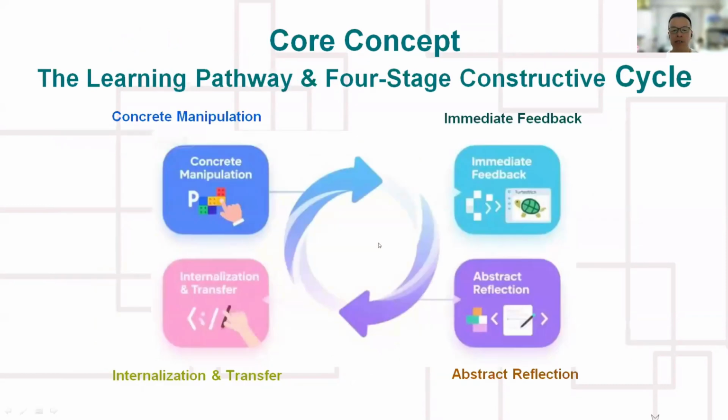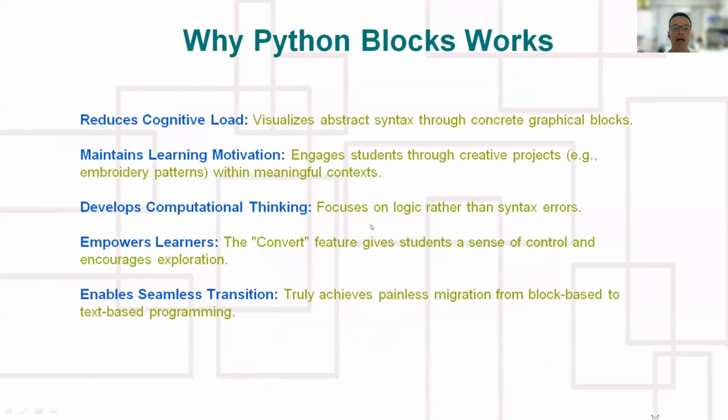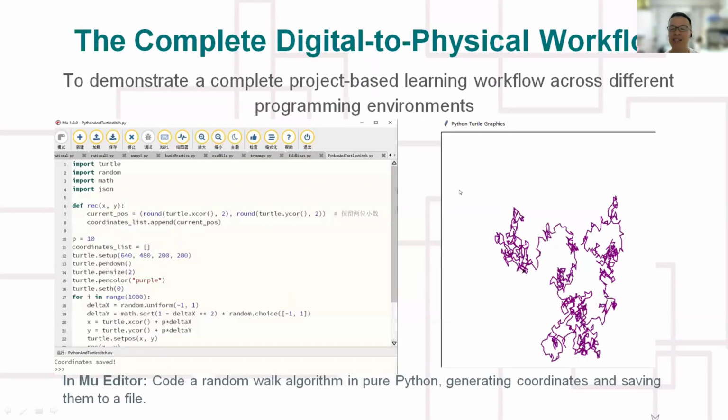It's a circle. This one. And another thing, the last thing, is a reversed procedure. It made a program of random walk in MU with Python.